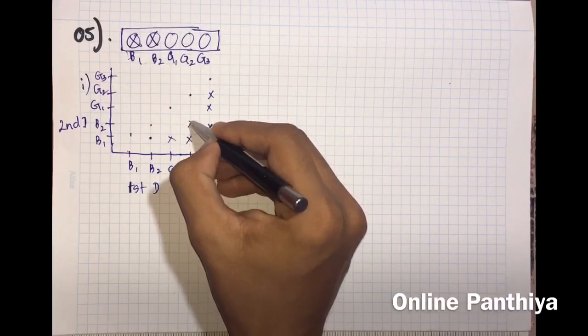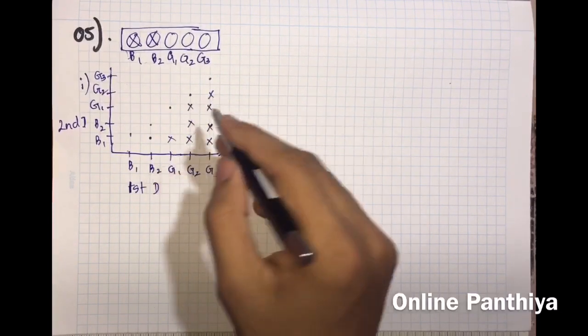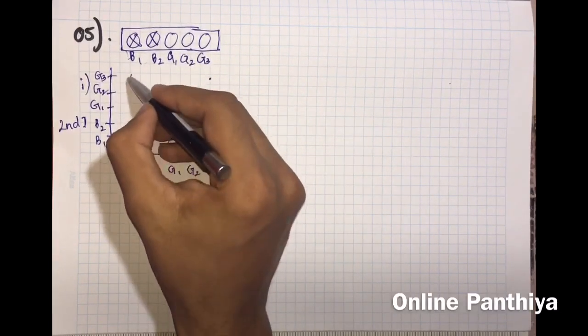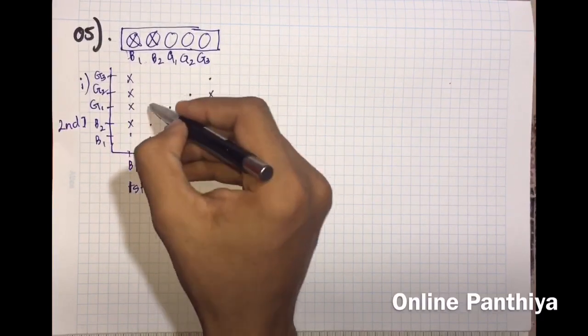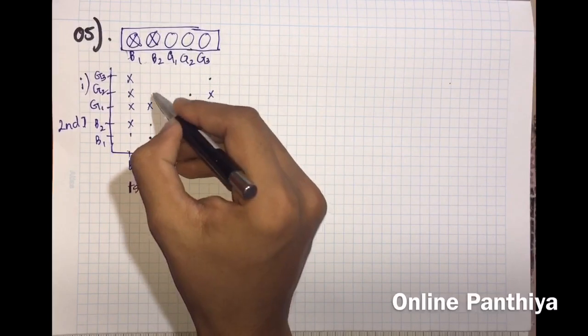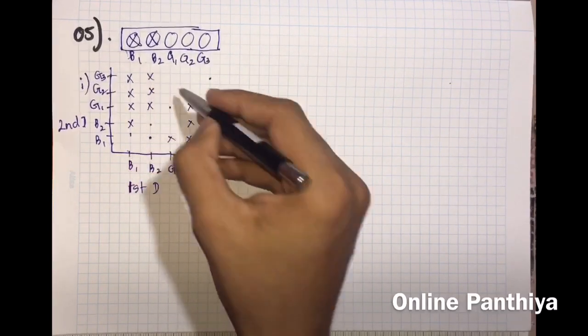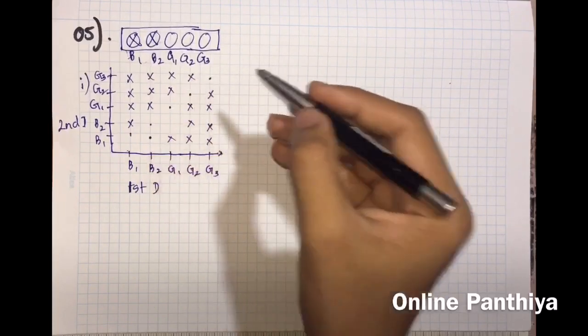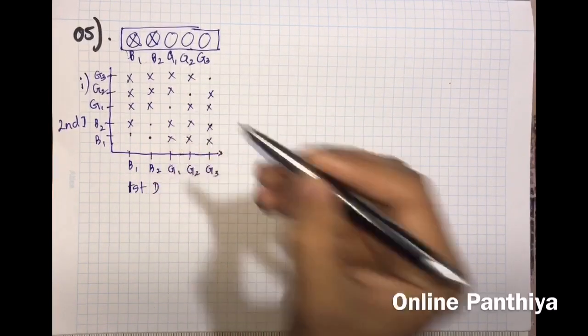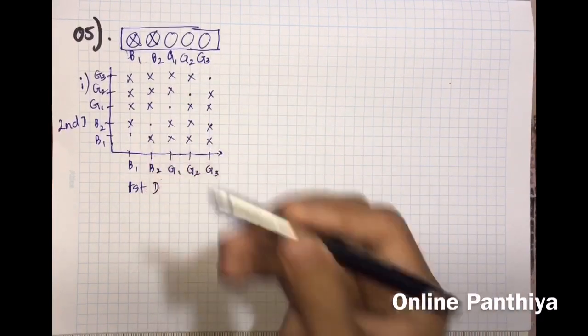I hope it is clear. So you have 1 here. What else? 1 here. These should not be marked. Also you have 1 here, 1 here, 1 here. This also should be marked.